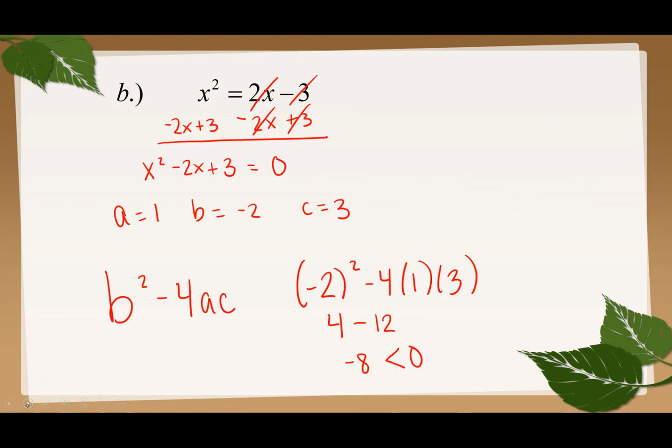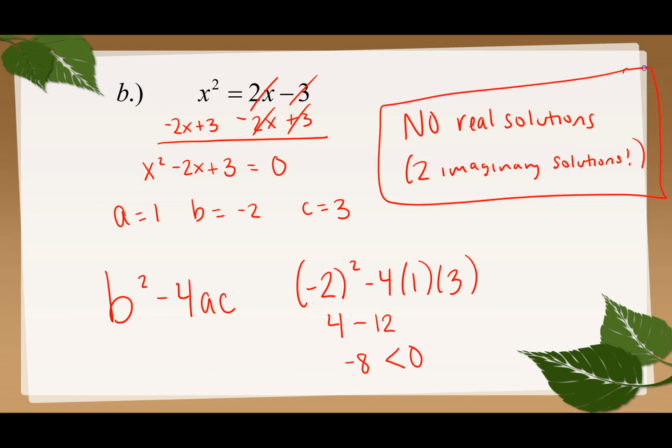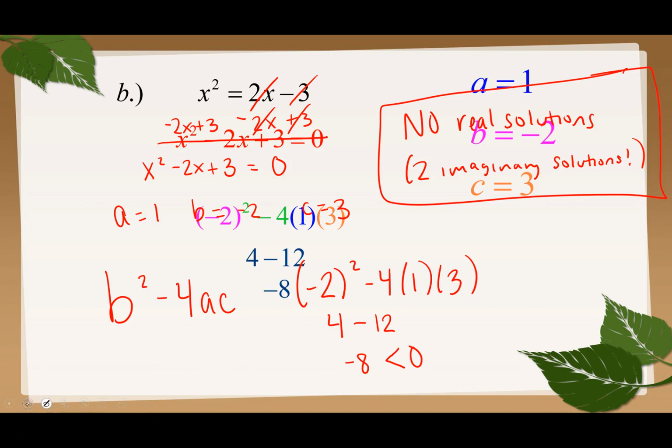So this would be no real solutions, 2 imaginary. So that's our answer. In other words, if we were to graph this, we would see it does not cross the x-axis. Oh, looks like I did it all out again.